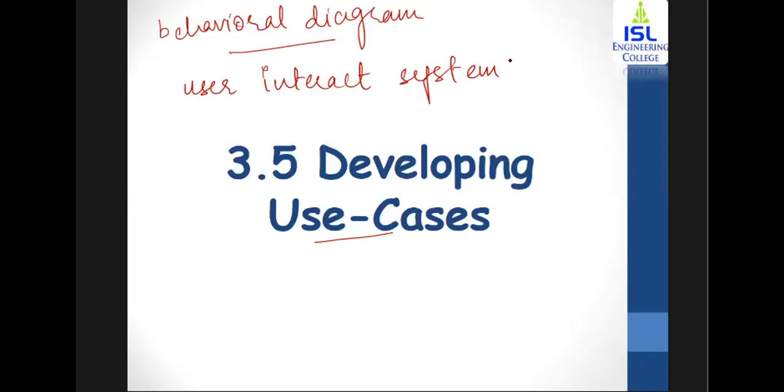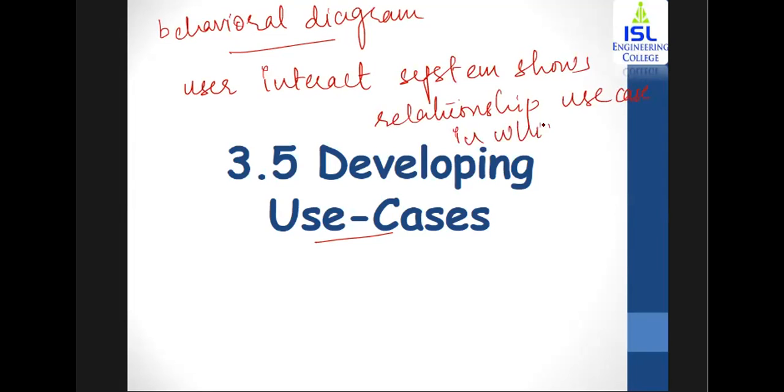This also shows the relationship with the different use cases in which the user is involved. So within this topic, we are going to study how a use case diagram is developed and how many use case diagrams are appropriate for representing an entire system.